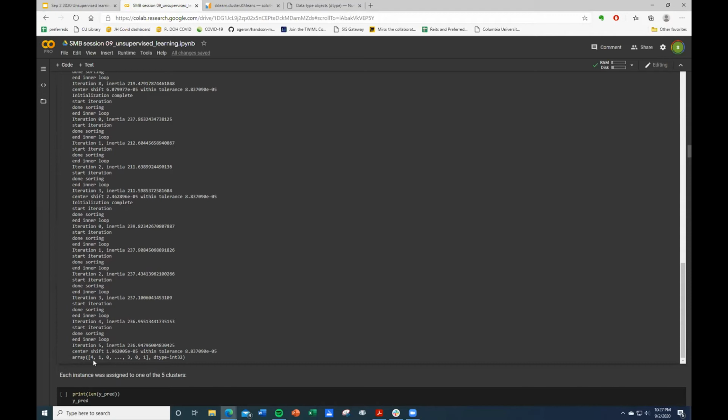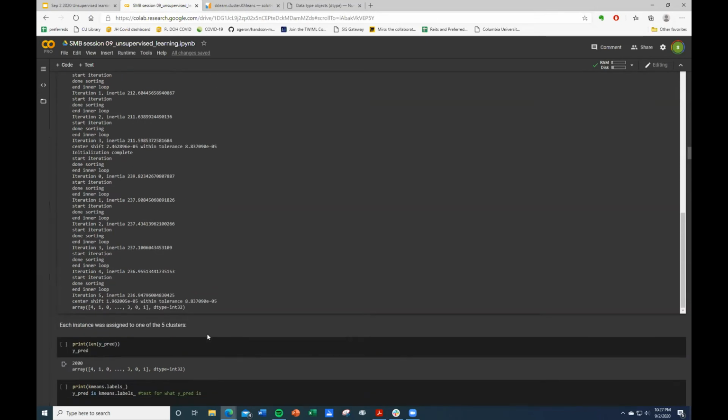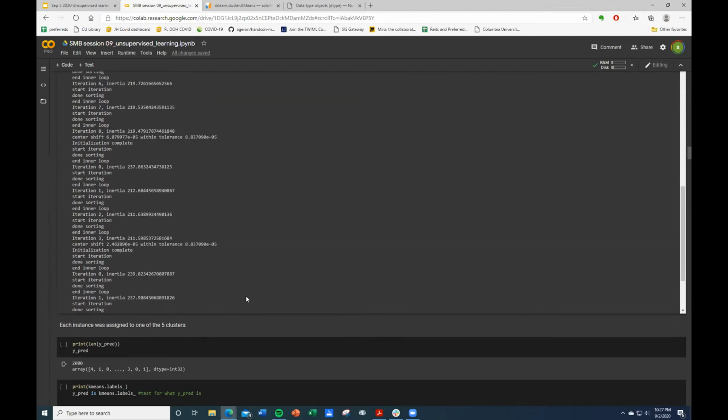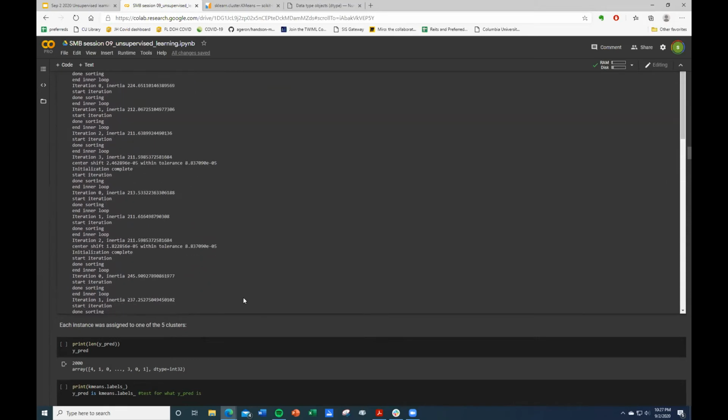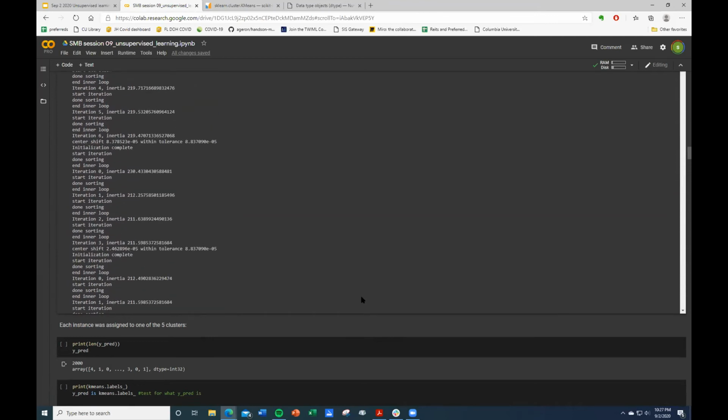It gives us an array of different ordinal numbers, and those integers look like they are almost classes, and it's actually the assignment of the cluster that these ordinal numbers represent. Are we all good on this so far? All right.